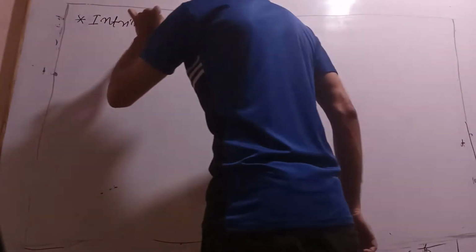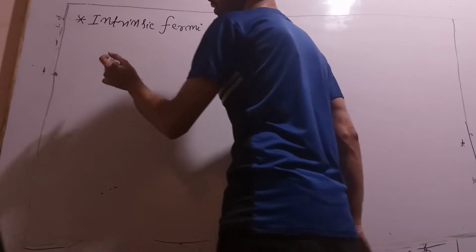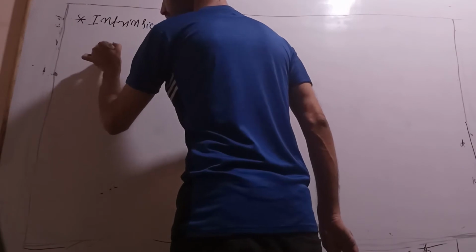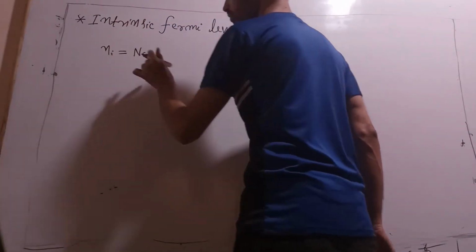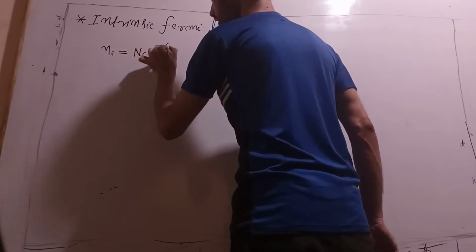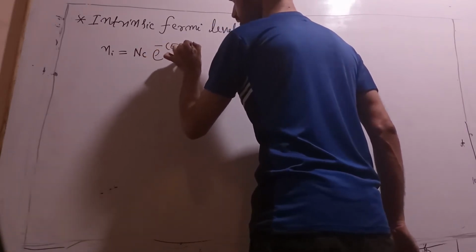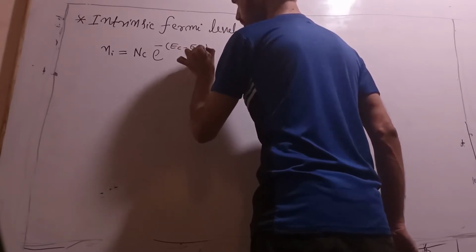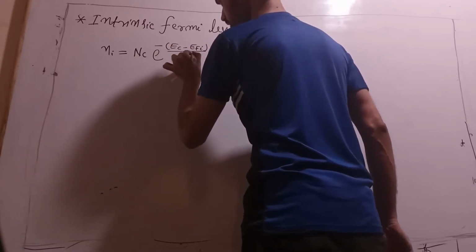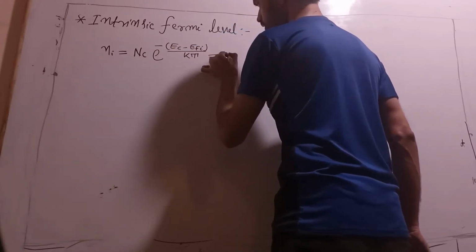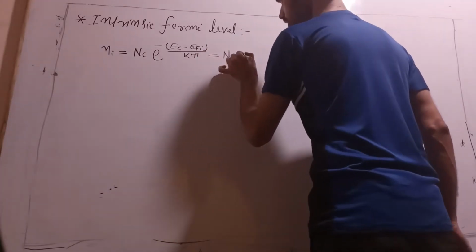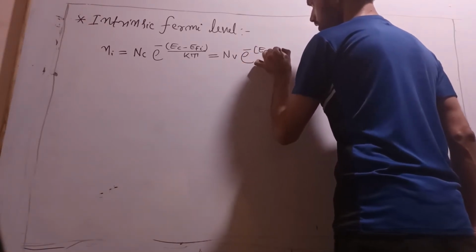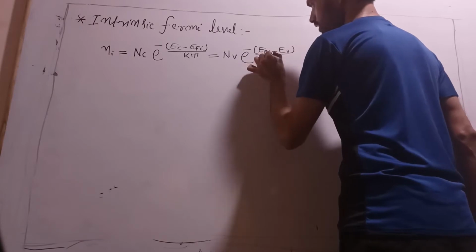As we know very well, the intrinsic carrier concentration of electrons and holes is equal for both. So Ni is equal to Nc e to the power minus (Ec minus EFI) by kT, where EFI is the intrinsic Fermi energy level, and it is equal to Nv e to the power minus (EFI minus Ev) by kT.